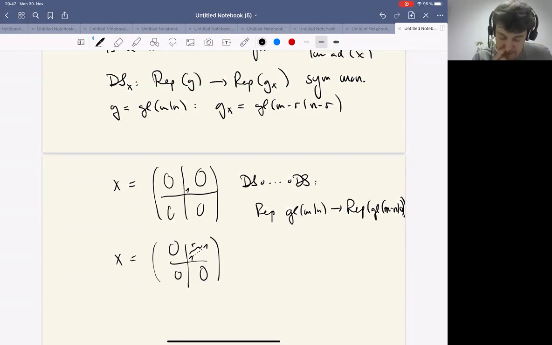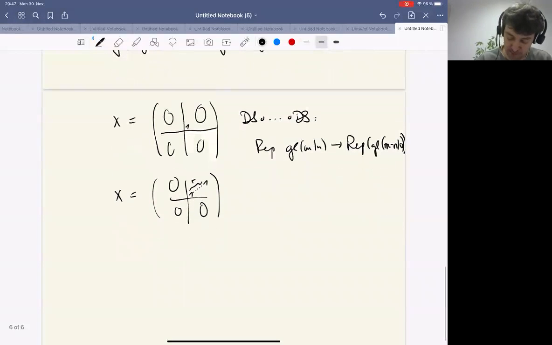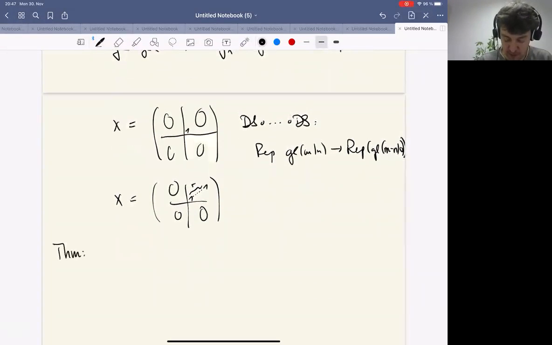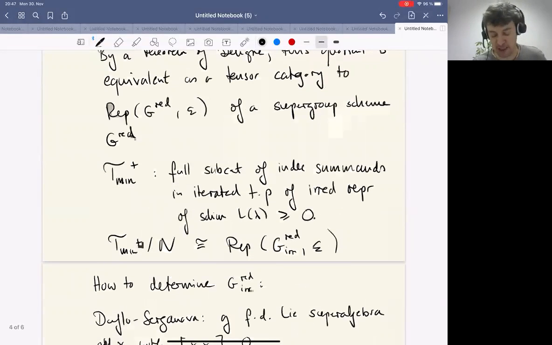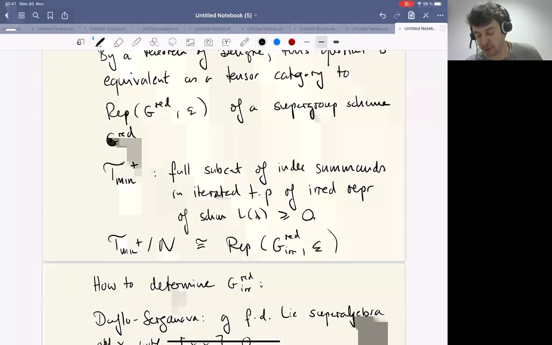Okay, so you have these DS functors now, and you want to somehow use them to understand the semi-simplification. Some of the crucial theorem, I guess, is this category TMN plus that I introduced above, the full subcategory of indecomposable summands and iterated tensor products of irreducible representations of superdimension L lambda greater or equal to 0.